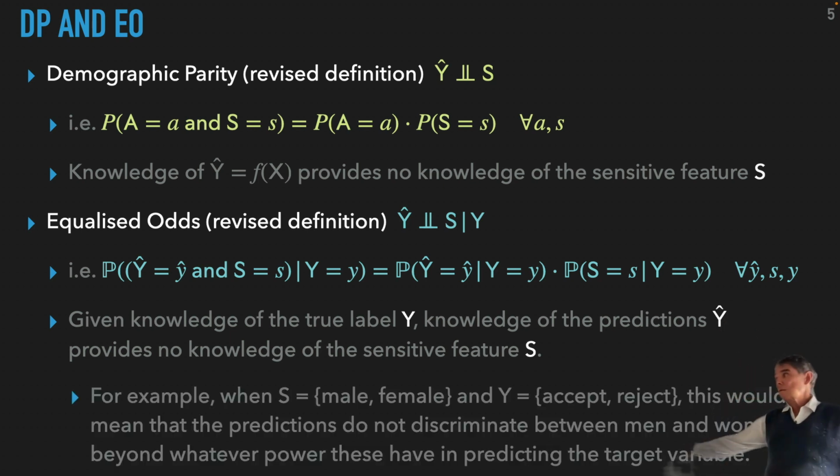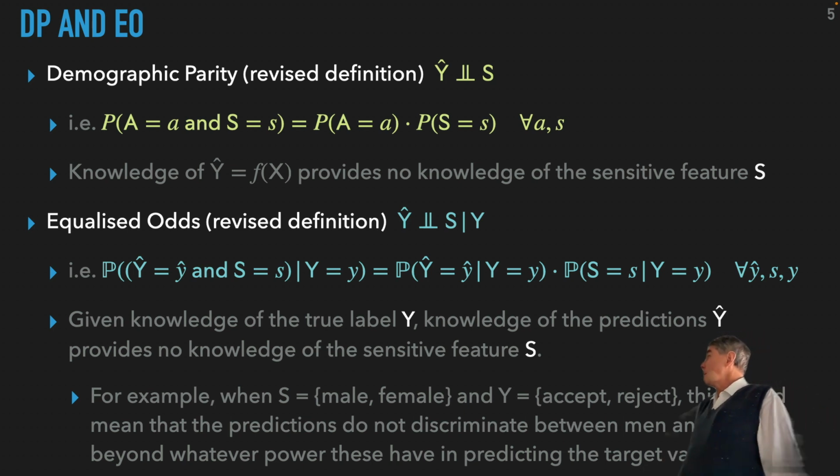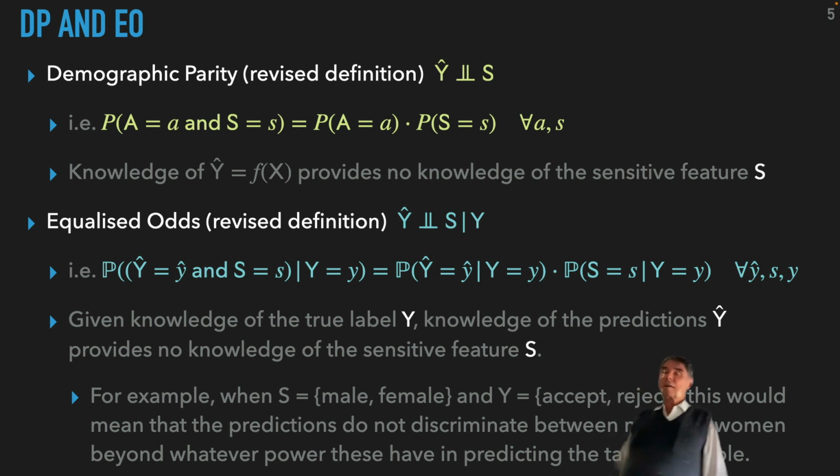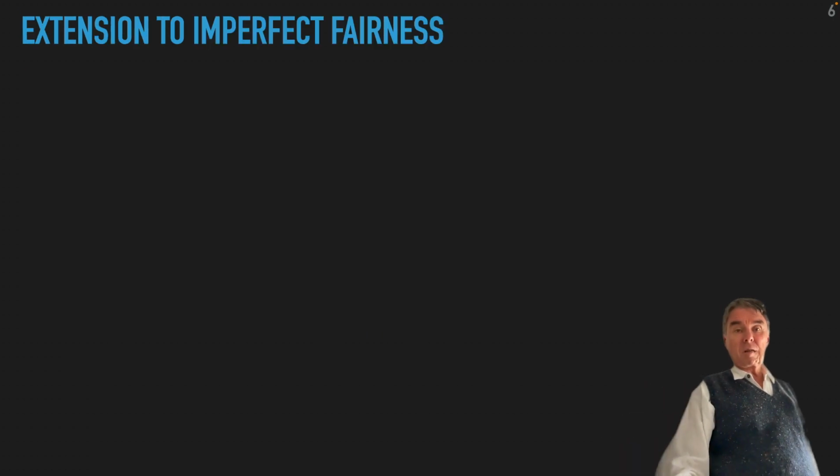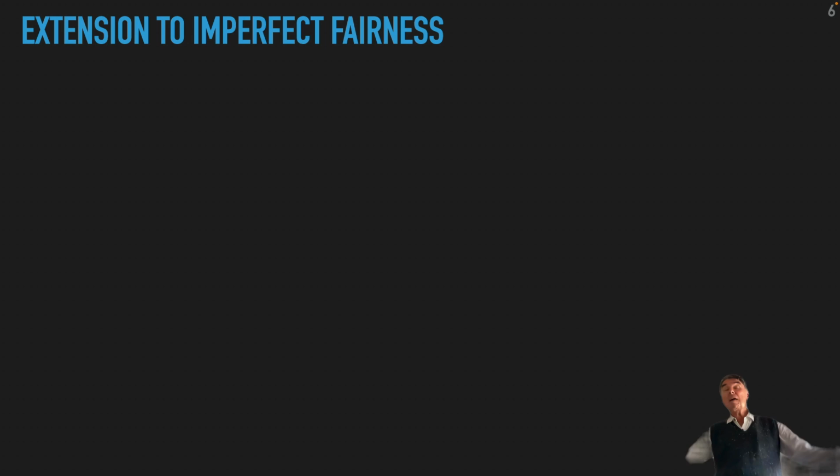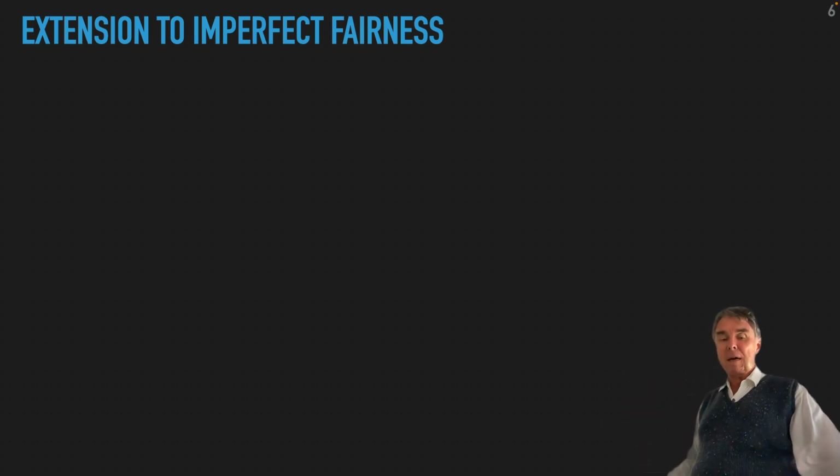So there's a concrete example here. If s is sex, y is accept or reject, this would mean that predictions do not discriminate between men and women beyond whatever power these have in predicting the target variable. It's much simpler and more elegant to think in terms of the conditional independence statement. So that's just a reframing of what we saw last week, in a more compact way.